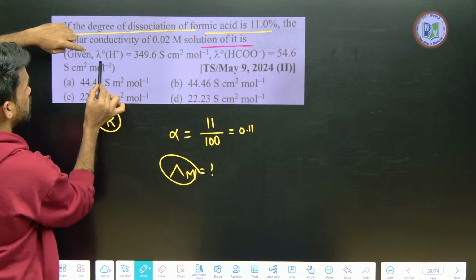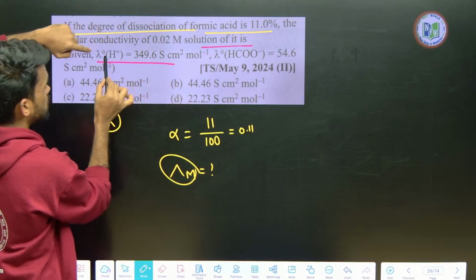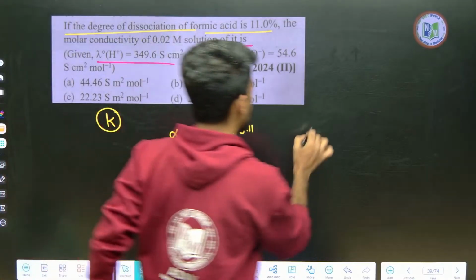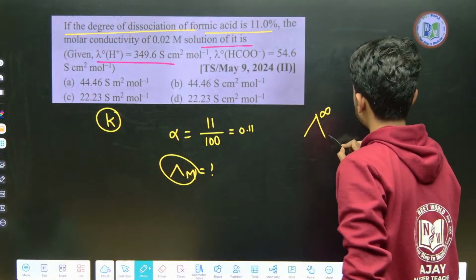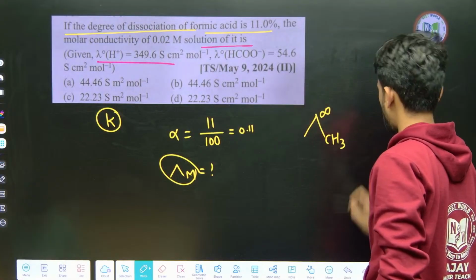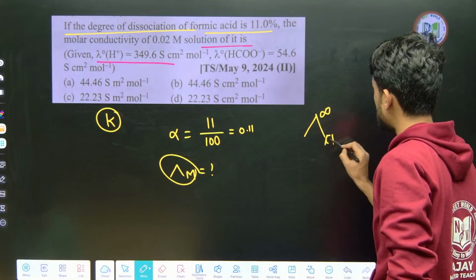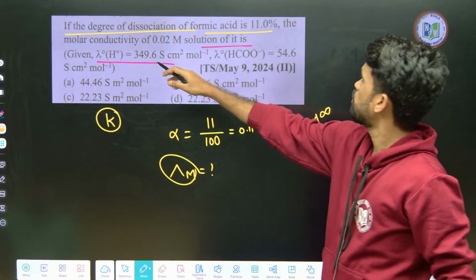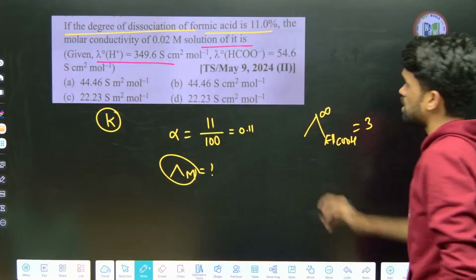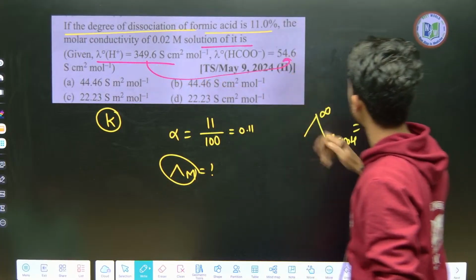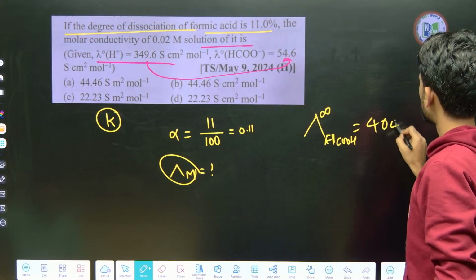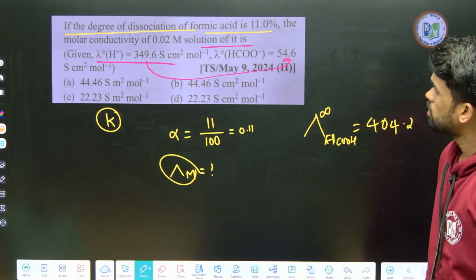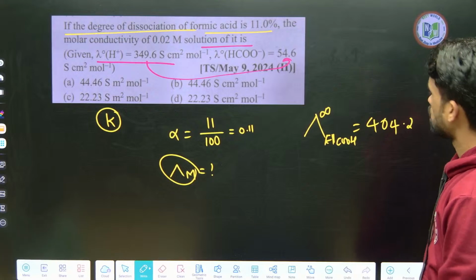They have also provided some data. You just see here, the infinite dilution limiting molar conductivity of H plus and the formate ion is mentioned. So from that you will get the limiting molar conductance of formic acid. HCOOH is 349 plus this, just add these two values and you will get 404.2.